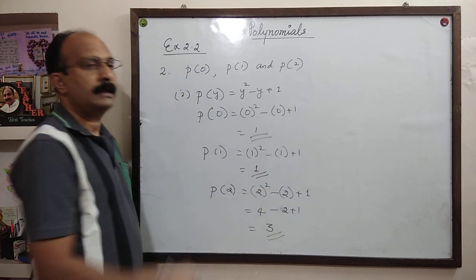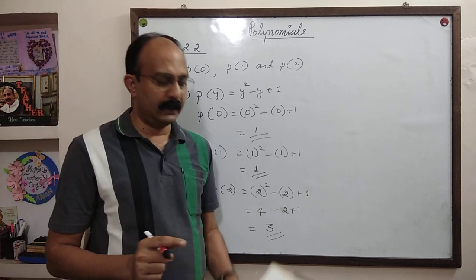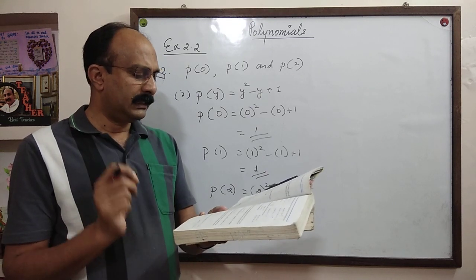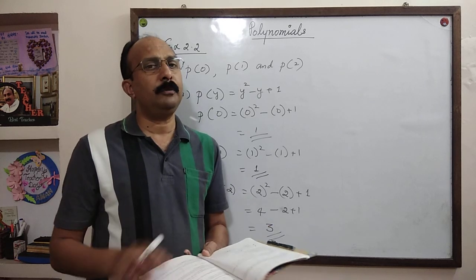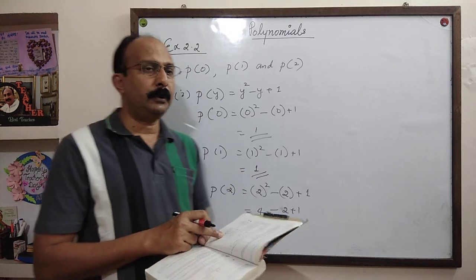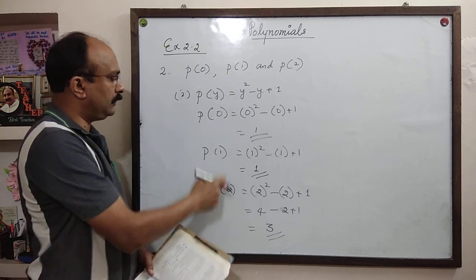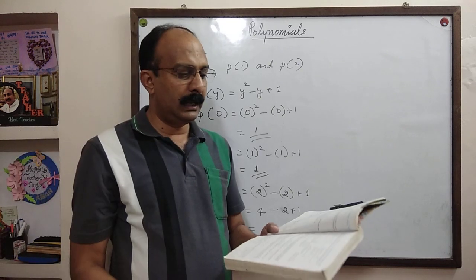Answer. So that's all for the first polynomial p of y. Similarly, you are given p of 2t, then p of x, then again p of x. 3 more polynomials are given. For each polynomial, you have to find out p of 0, then p of 1, then p of 2. That's all. Do the remaining 3 as homework.